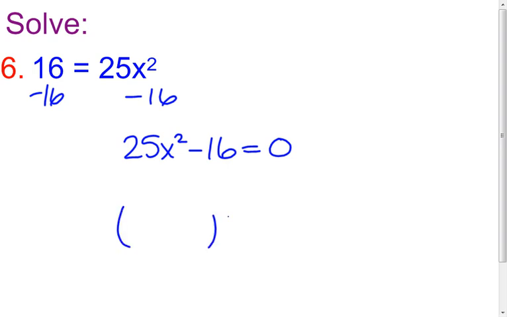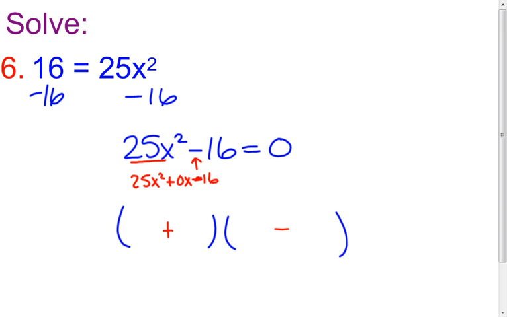Okay, shortcut would be, again, it's a quantity squared with a minus sign in between. Okay, when that minus sign is in between, we know we need to have 1 plus and 1 minus. Okay, because this is really like 25x squared plus 0x minus 16.